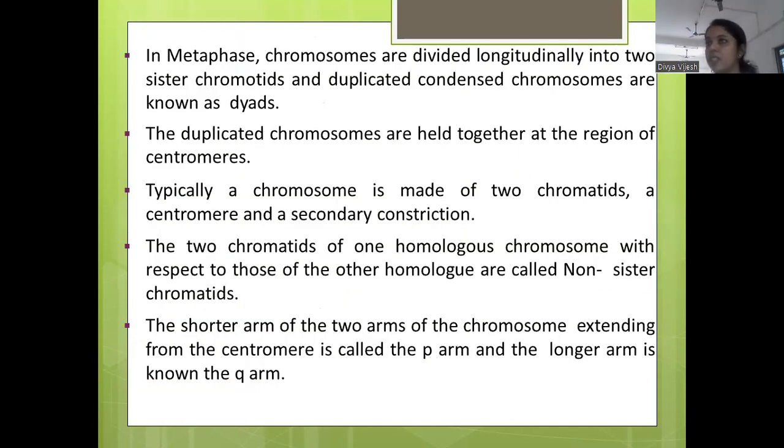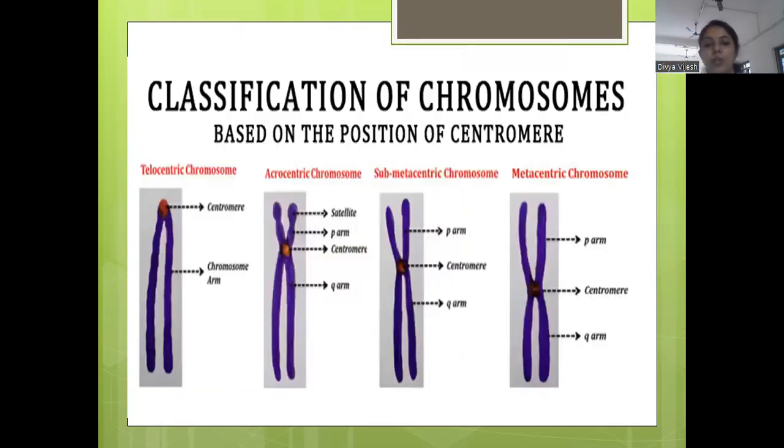And in the metaphase stage, we are studying the chromosome, and the chromosome consists of the centromere, the sister chromatids, and the non-sister chromatids, and there is a secondary constriction also, and the short arm is called the P arm, and the longer arm is known as the Q arm.